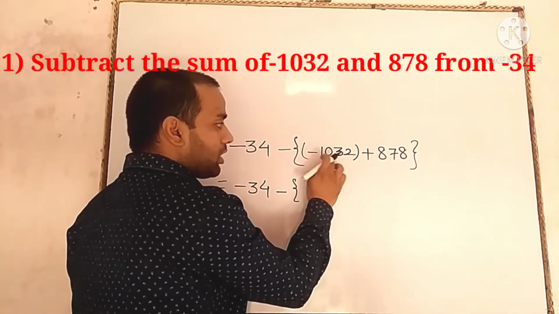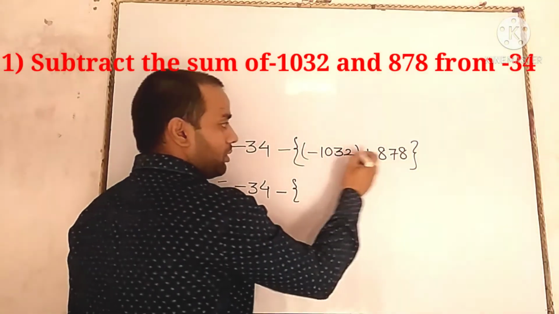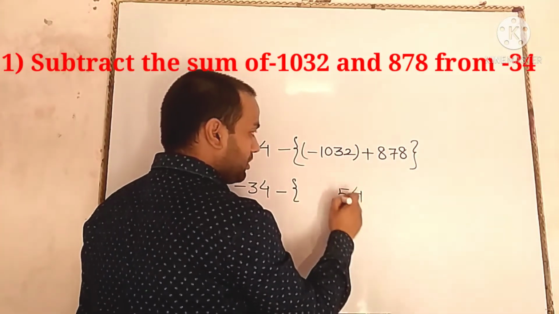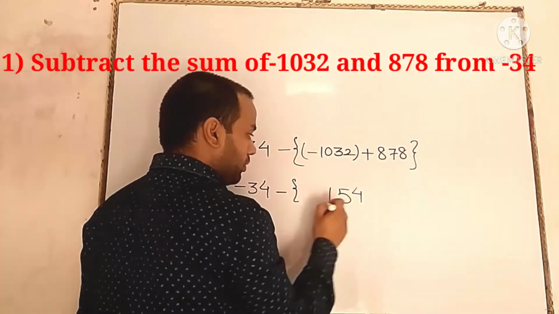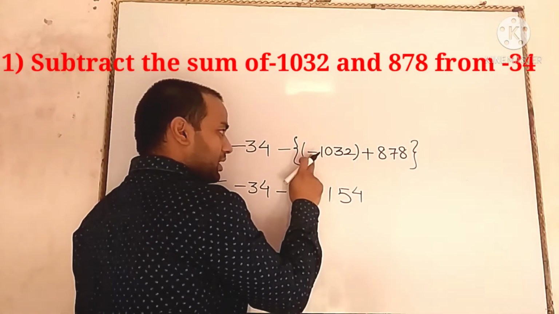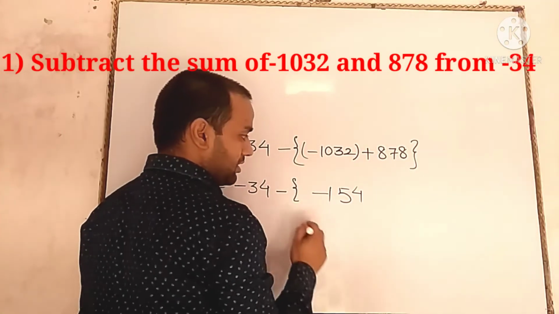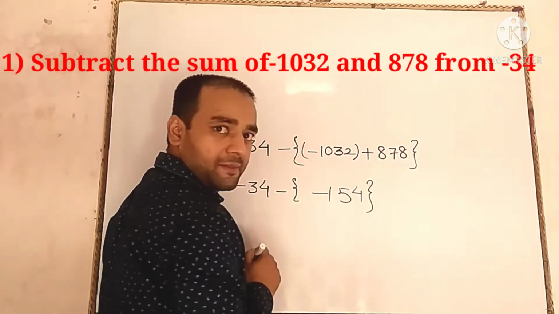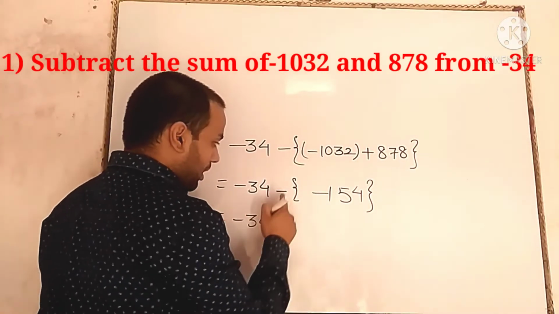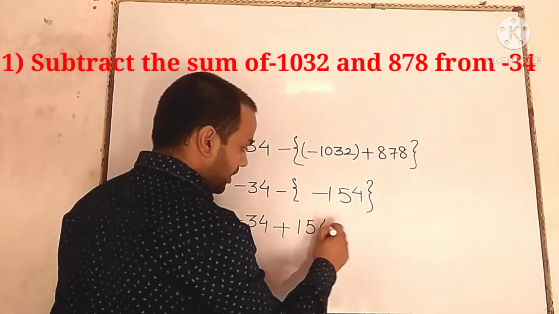The 1032 minus 878: 12 minus 8 is 4, 12 minus 7 is 5, 9 minus 8 is 1. Here the greater number has the negative sign, so put the sign minus. Is it clear? Minus 34 minus minus plus 154.